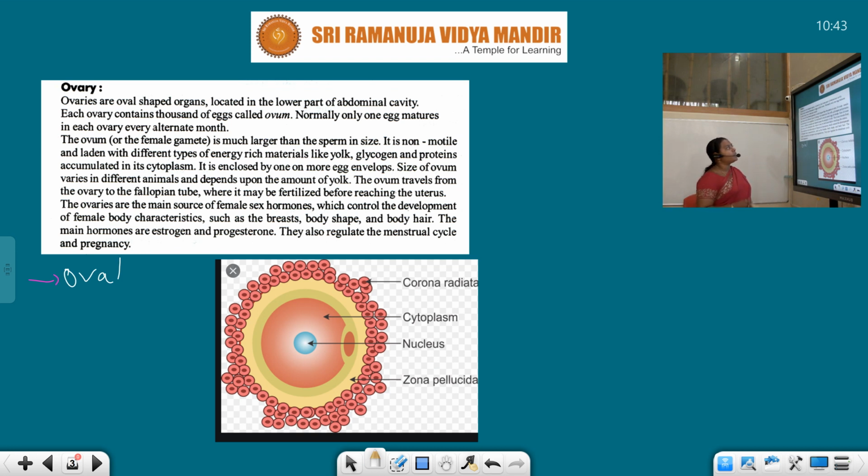Each ovary contains some thousands of eggs, which will develop into the ovum. See, students, each ovary contains eggs, which later develop into the ovum. Normally, only one egg matures in each ovary in alternate months.